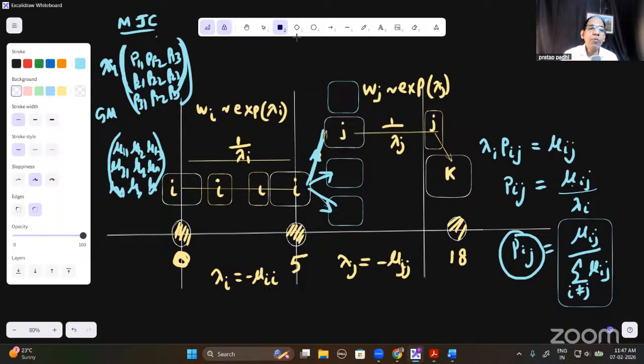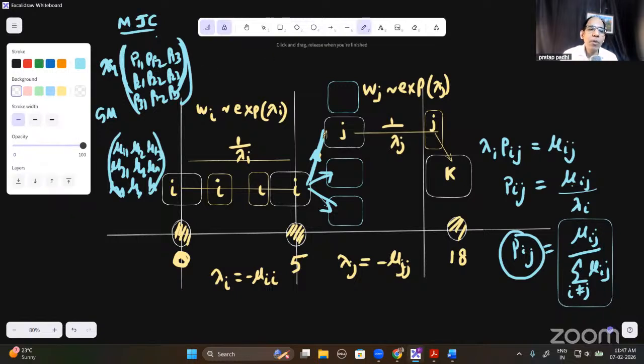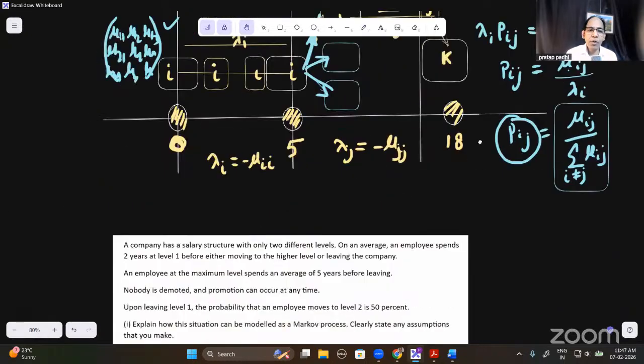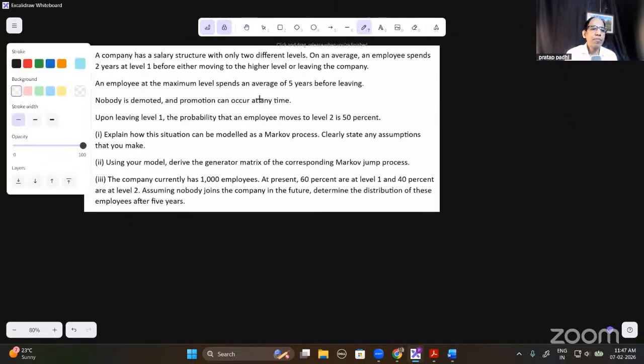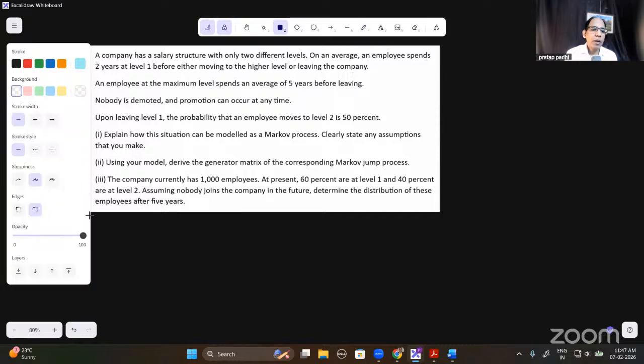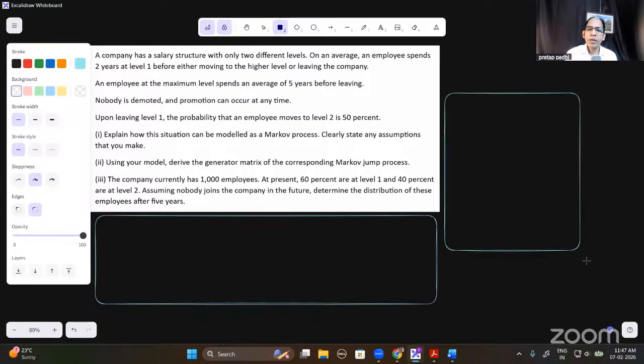Even where you have problems, sometimes you will feel this one is easier to use than that one, and sometimes the other way around. It all depends. Anyway, now in this problem we will apply everything I discussed. If I go to this problem, it says this. I have this much space.